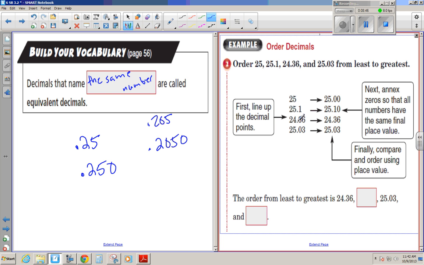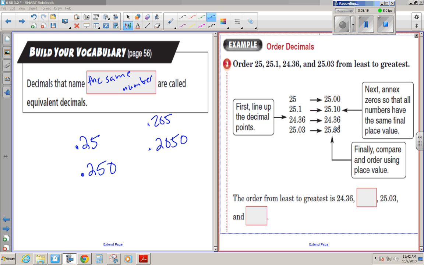Then we put in zeros so they would have the same final place value. So basically, we want to make sure all of them have 2 decimal places.